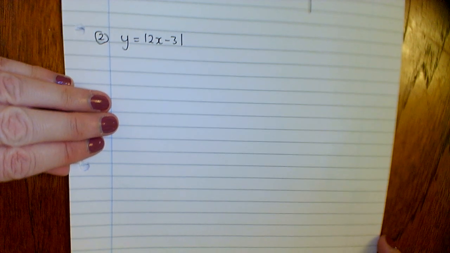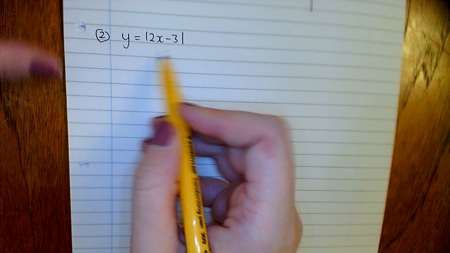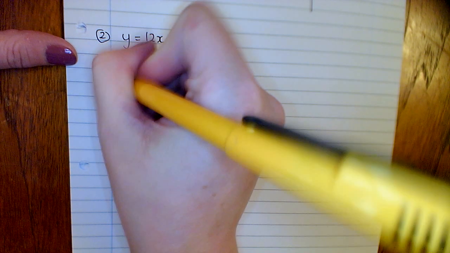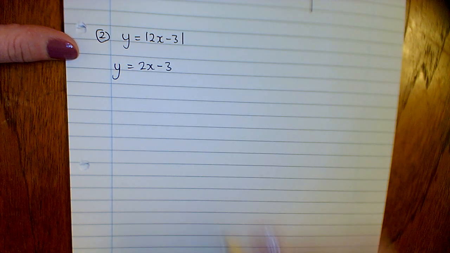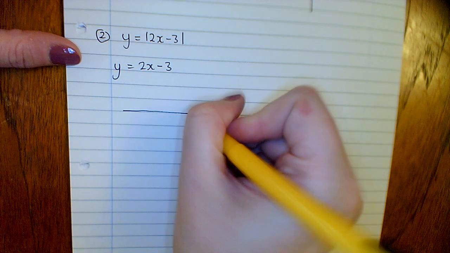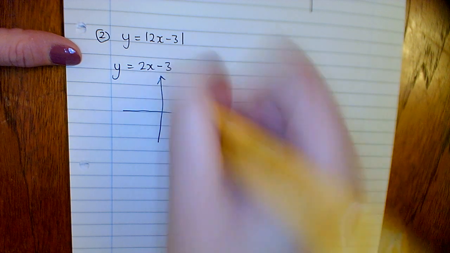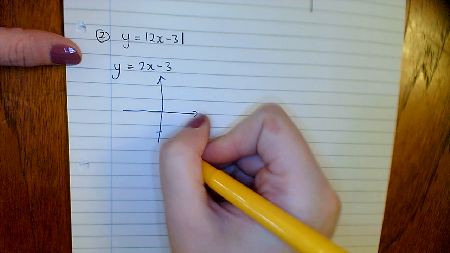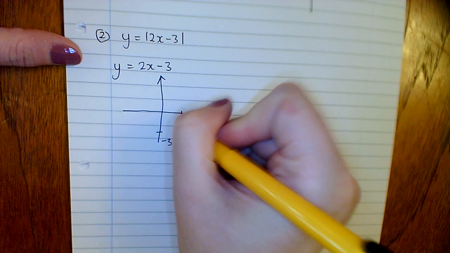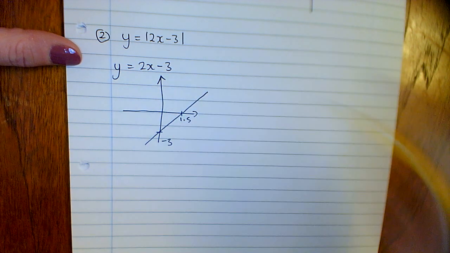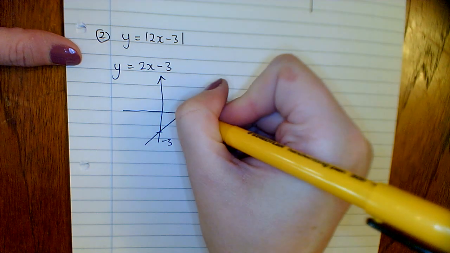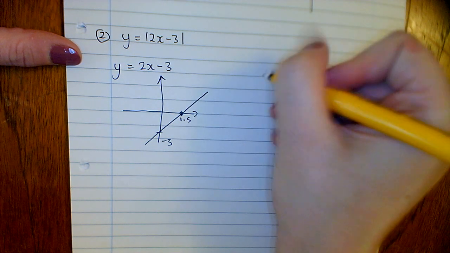Okay, our second one, y equals the modulus of 2x minus 3. So draw the graph without the modulus, y equals 2x minus 3. We know that it's going to go through -3 down here, and it's going to go through 1.5 on the x-axis. So this is our important point here on the x-axis.